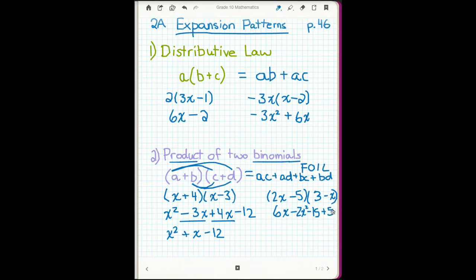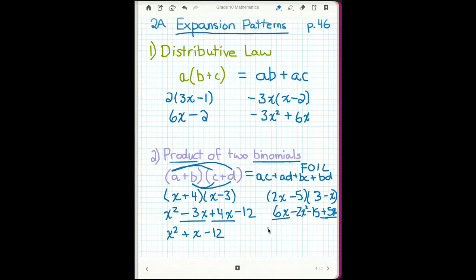Now I have to look carefully for the like terms. Can we squeeze the x in? Look carefully for the like terms. This is x squared. That's a constant term. But these two here, the 6x and the 5x, are like terms. Make sure the sign you use is the one that comes right before the number. So this is a positive 5x because it has the plus sign in front.